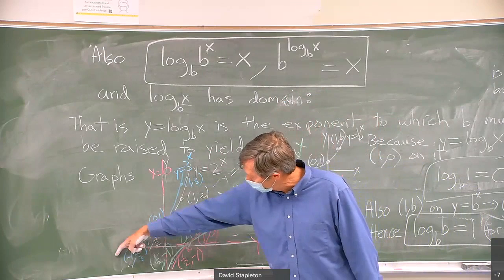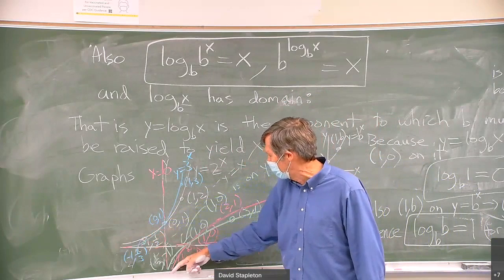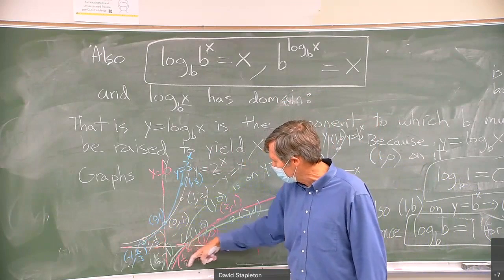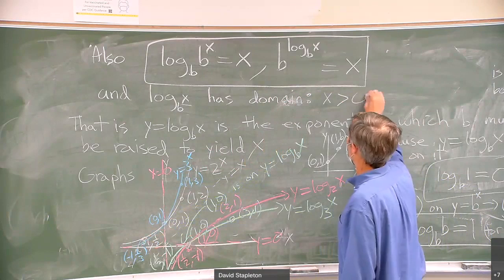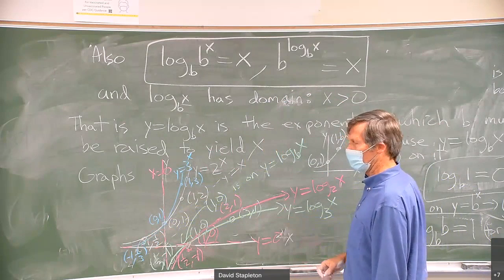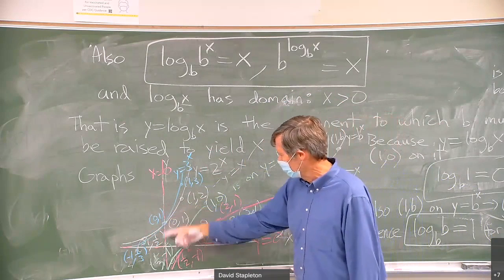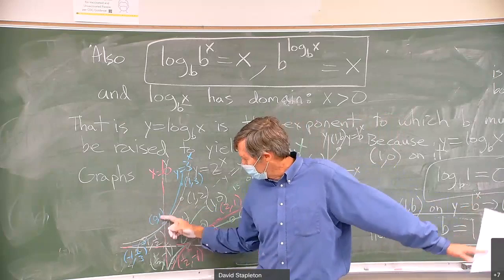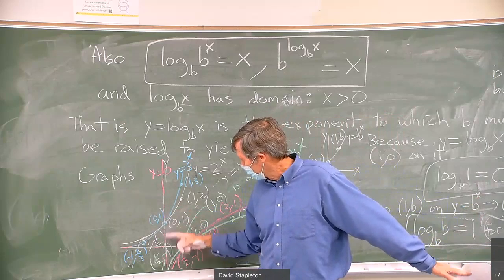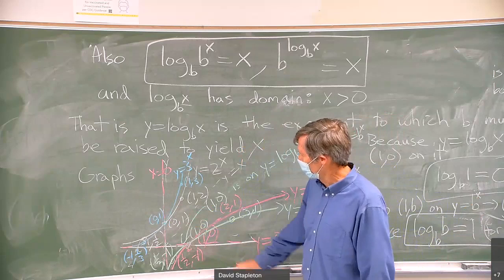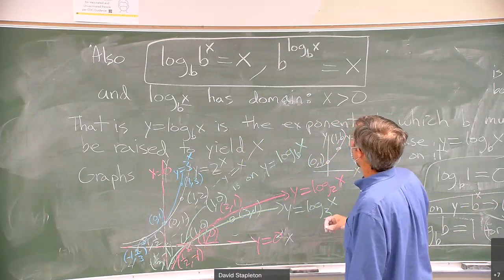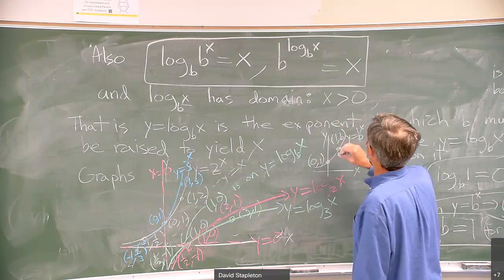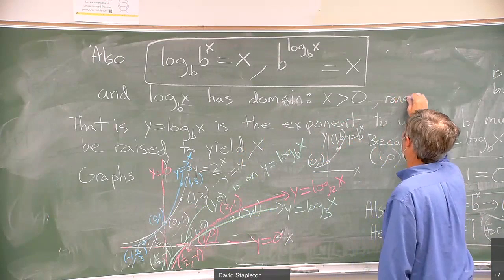And there's no point plotted for x less than 0. So just from the graph, you notice it's plotted for every x greater than 0, but not otherwise. It has domain x greater than 0. You can only take the logarithm of a positive number, right? Because it's got this shall not pass, right? From Lord of the Rings, right? It can't pass the y-axis. The domain is x greater than 0. And the range, what's the range of the logarithm?